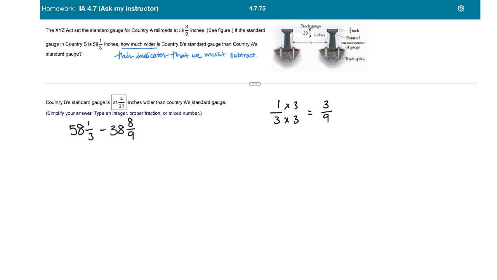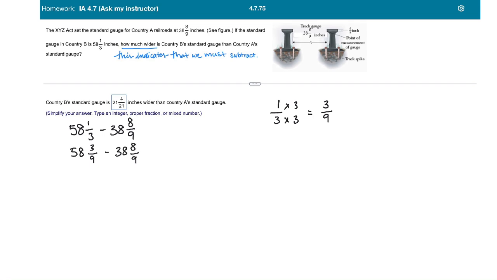Since I'm multiplying numerator and denominator by the same number, I am essentially multiplying by 1. 3 divided by 3 is equal to 1. So I'm not changing the value of the fraction. So now I could rewrite this problem as 58 3/9 minus 38 8/9.